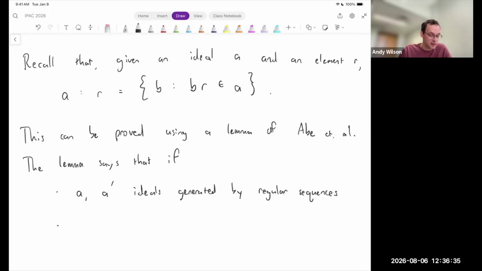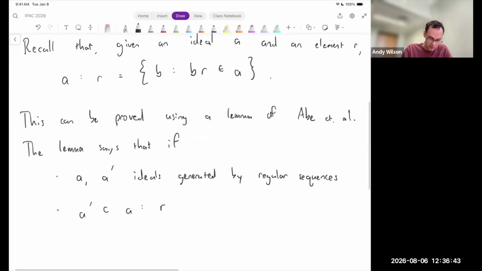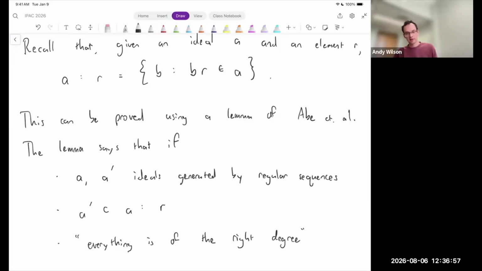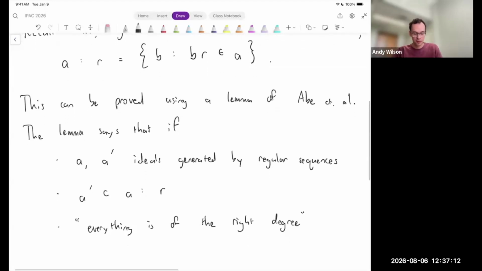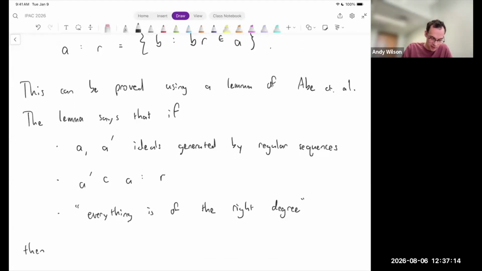If A prime is contained in A colon R, and if everything is of the right degree, so this is a very imprecise statement. But remember, if you're generated by regular sequences, then you know the size of the Hilbert series of the quotient is the product of those things. Basically, the degree of R is the difference between the dimensions of the quotients of A prime and A, roughly. Then in fact, they're equal.